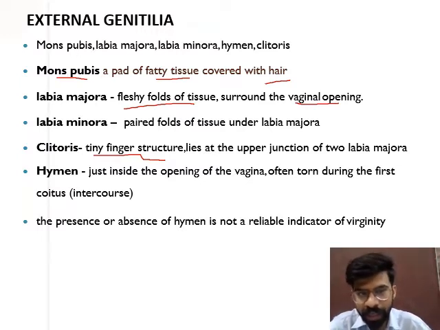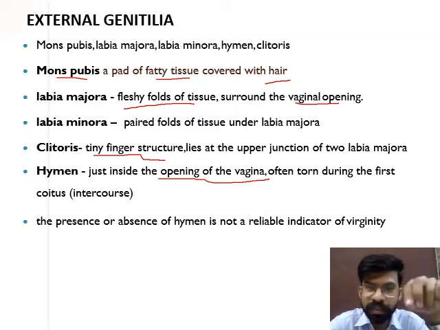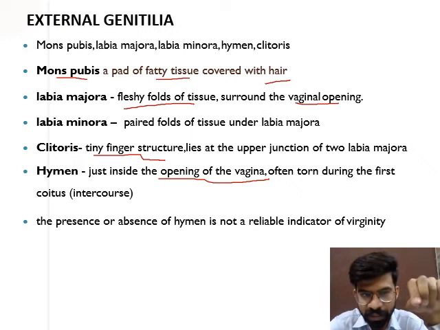Then the hymen. Hymen is present just inside the opening of the vagina. It is a thin covering, and it is often torn during the first mating. When first mating takes place, the hymen gets ruptured.